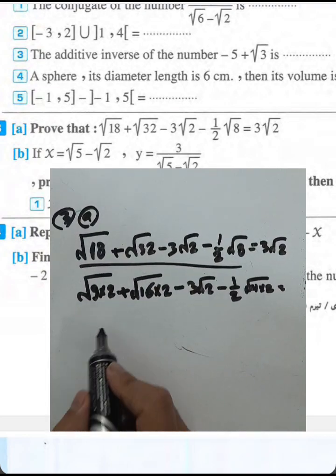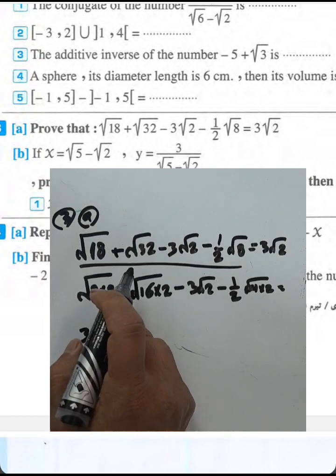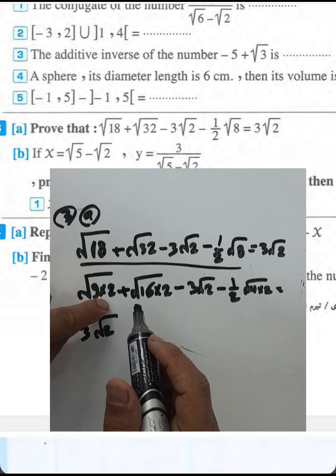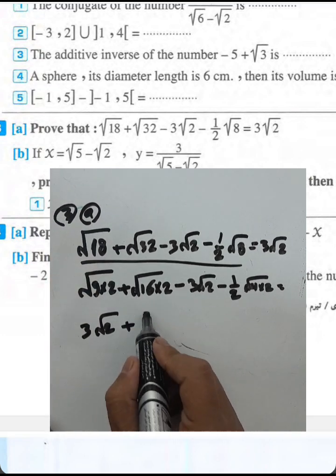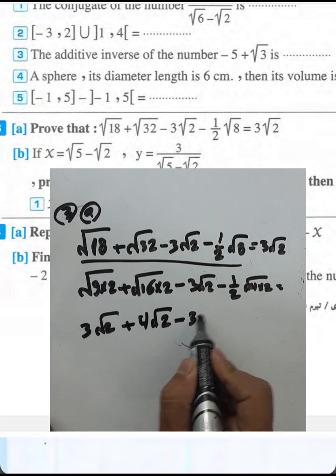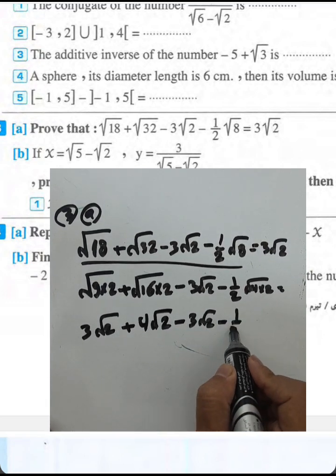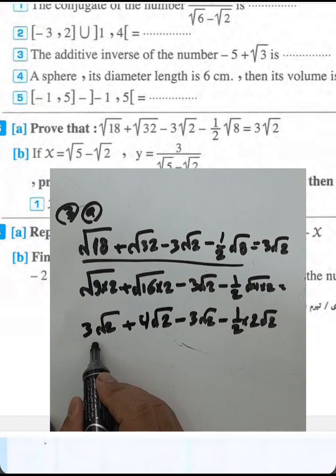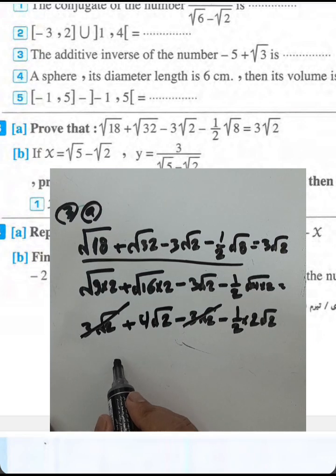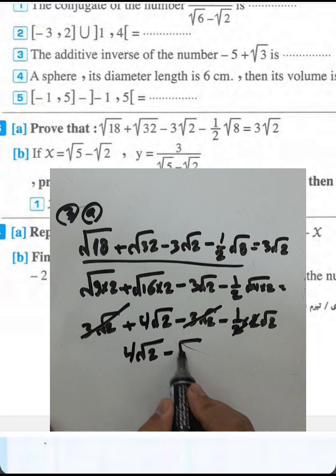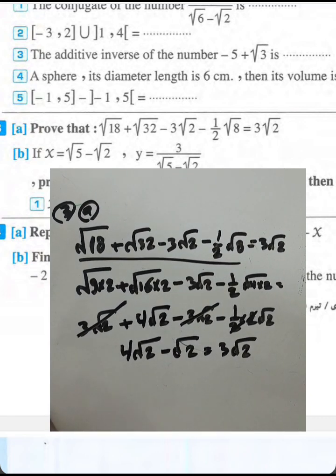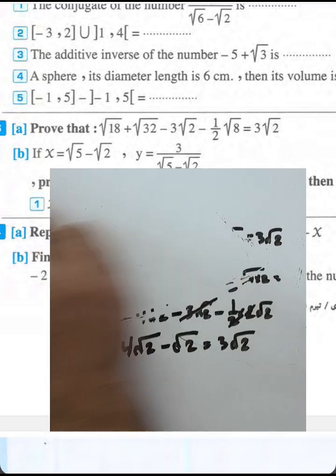Then square root of 9 will be 3, and the remainder 2 is written inside the root, and square root of 16 is 4 root 2, and 3 root 2, subtract half, times square root of 4 which is 2, and square root of 2. 3 root 2 by -3 root 2 cancel, and half by half cancels, the result will be 4 root 2, subtract root 2, the result will be 3 root 2. Then the left hand side equals the right hand side in this example.